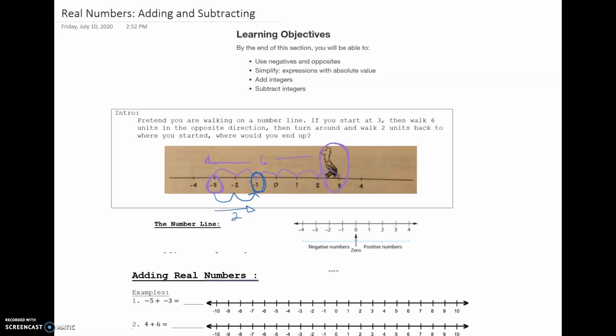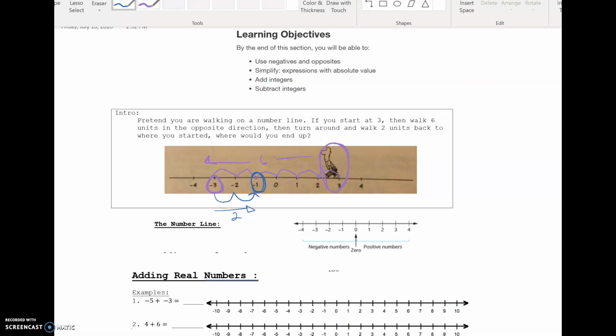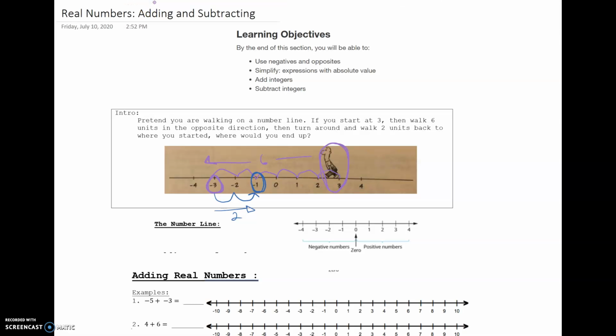So basically what we just did is we added and subtracted some numbers. I started at 3 and I went 6 units in the left direction, and the way we determine left direction is negative. So I did 3 plus a -6. Okay, I really subtracted.